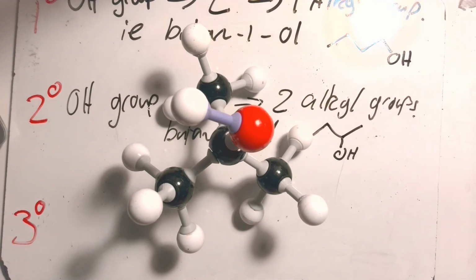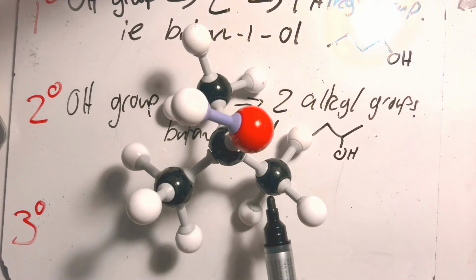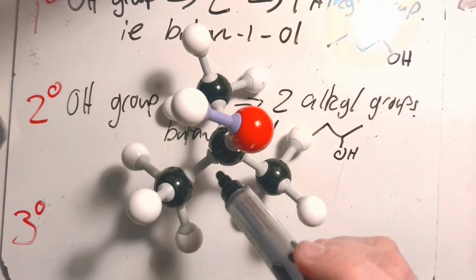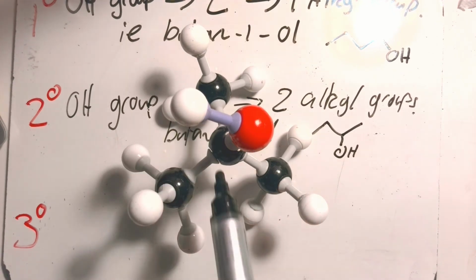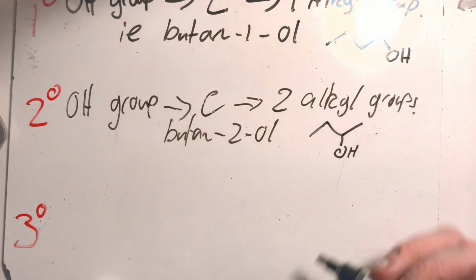Welcome back again. So this one here, remember the first step is to find your longest carbon chain, and our longest carbon chain in this case is here, 1, 2, 3. It could also be 1, 2, 3, or 1, 2, 3. In this case, it doesn't really matter. They're all the same molecule in this case. So this is going to be a prop- molecule.